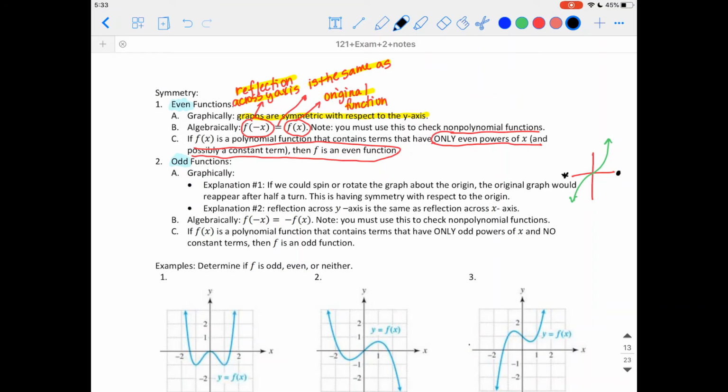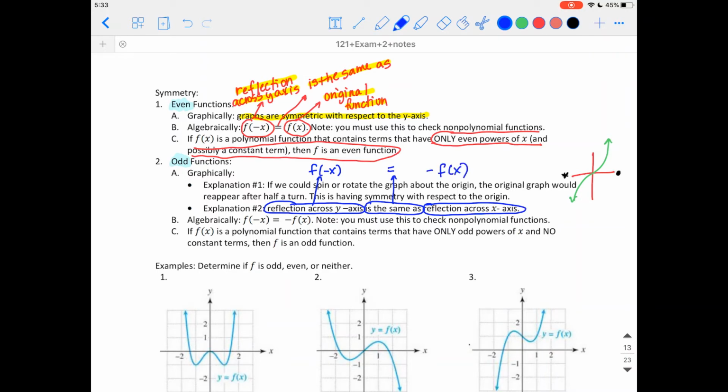Explanation number two. The reflection across the y-axis is the same as the reflection across the x-axis. Let's write these in symbolic form. The reflection across the y-axis, which is f of negative x, is equal to the reflection across the x-axis, so this is negative f of x.